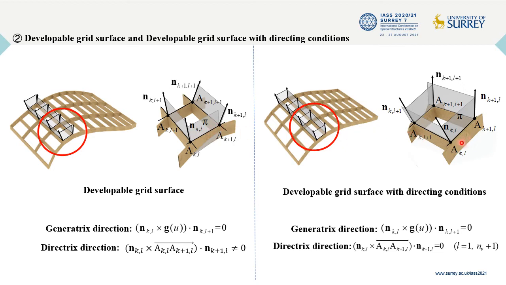So additional conditions should be proposed to ensure the coplanarity of the normal vectors of adjacent nodes in the directrix direction. It's shown here.